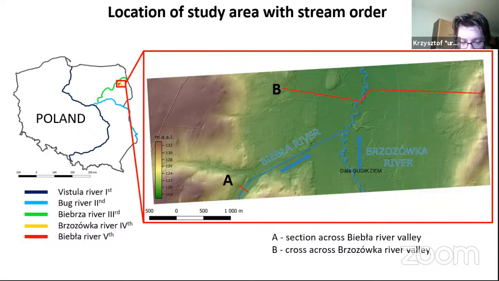The Biebła River is a 5th order river, and it is a left tributary of the Brzozówka River. The Biebła River was strongly anthropogenically transformed in the 20th century, and at present it is canalized.